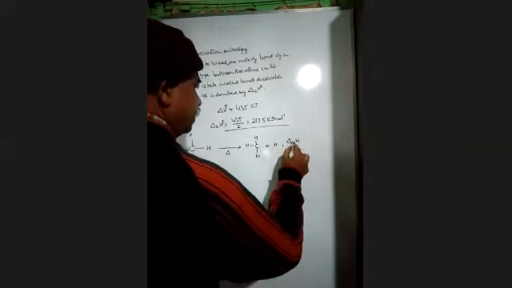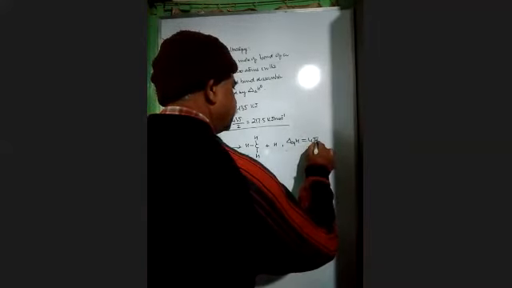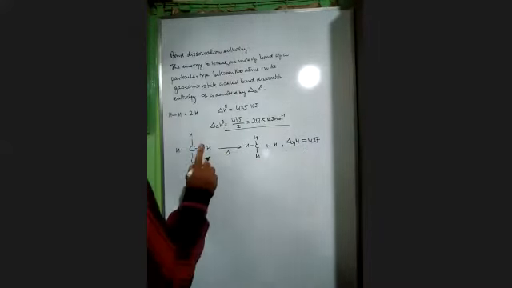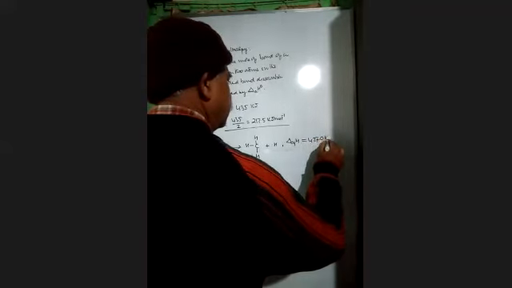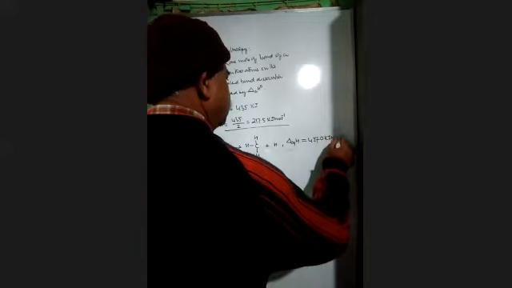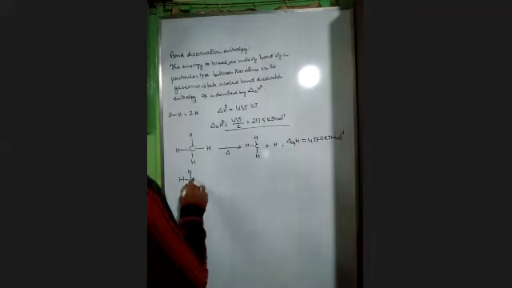So I'll write now here delta a1 H. It is equal to 427 kilojoule per mole. You need not write, you get it in your book also. Then, very interesting, again you break.